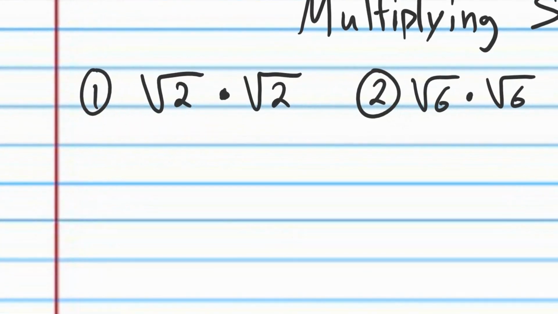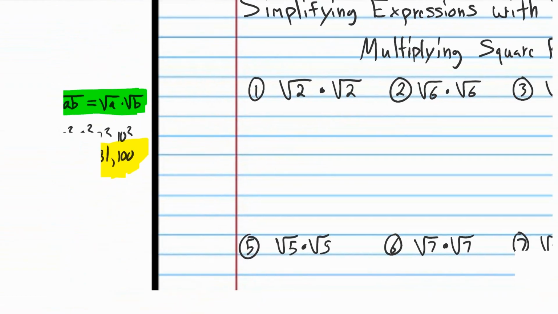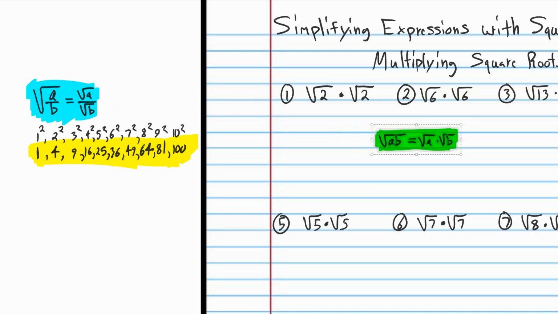As you can see, we're going to multiply these square roots. And to do that, we're going to use the principle that we learned in the last class, the principle in green here, except we're going to go backwards. Instead of going from here to here, we're going to go in the other direction.